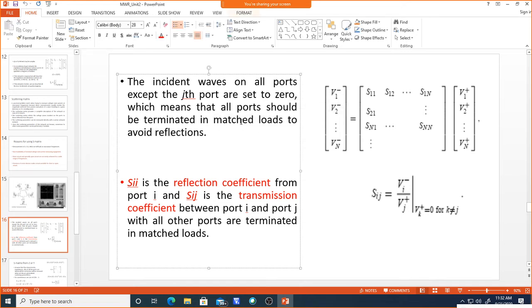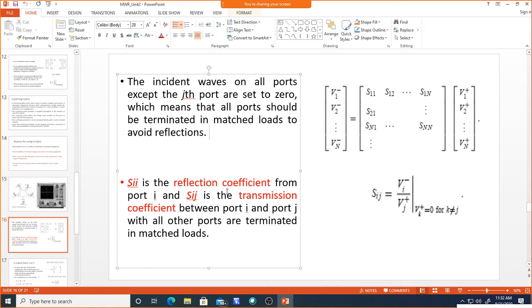So you have to match the particular port with the matched load to avoid reflection, to characterize a particular port. Now, what we can call a particular port value, that is Sii. If the incident wave is at port 1 and the reflected wave is from the same port, we call it S11, which is the reflection coefficient.